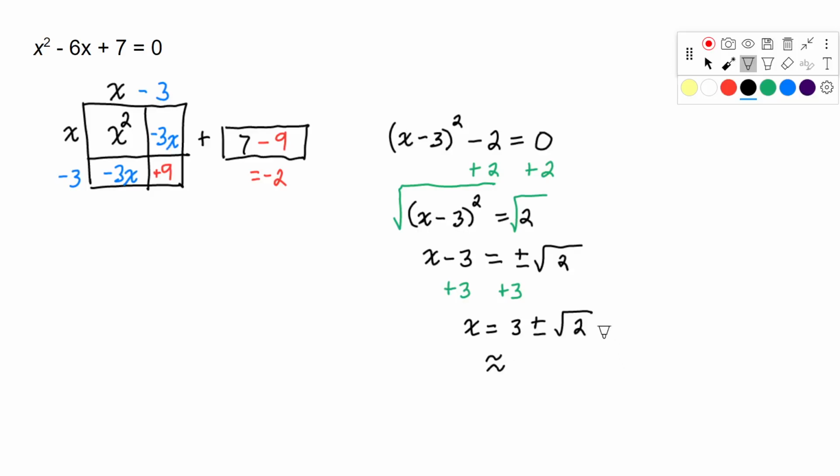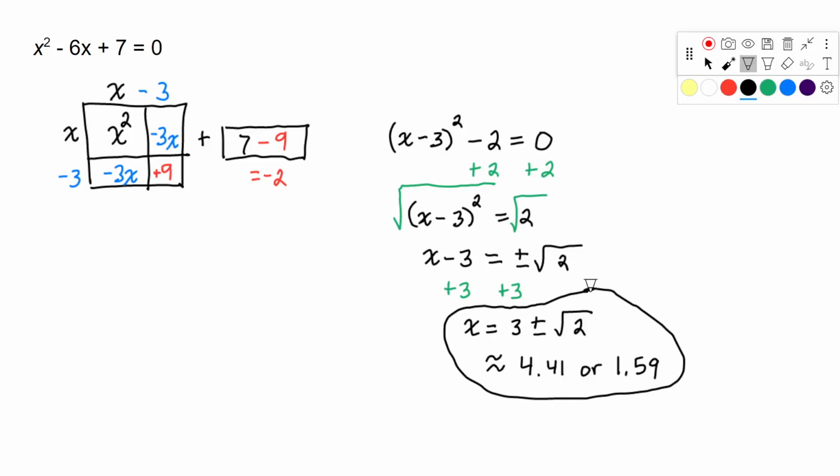If I want the approximations, I'm going to do 3 plus the square root of 2, which is approximately 4.41, or 3 minus the square root of 2 is approximately 1.59. And these are our solutions to this particular problem.